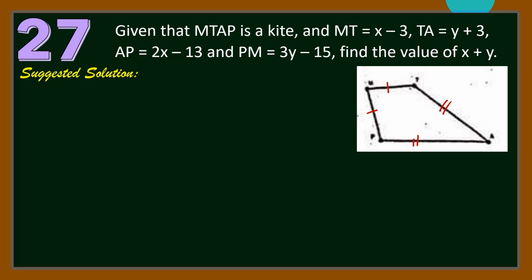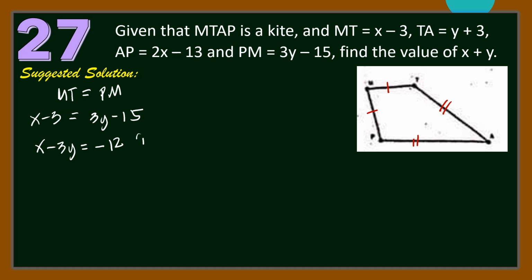From this congruence, we have MT is equal to PM. Then we have x minus 3 is equal to 3y minus 15. We're writing this equation into a linear equation in two variables. We have x minus 3y is equal to negative 15 plus 3, that's negative 12.